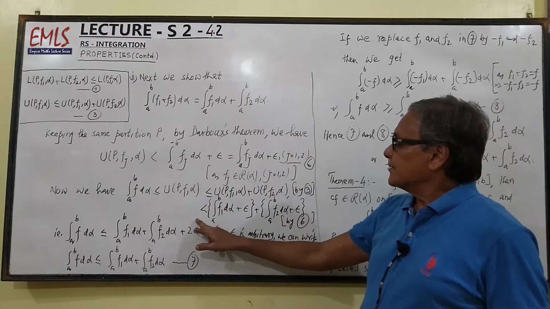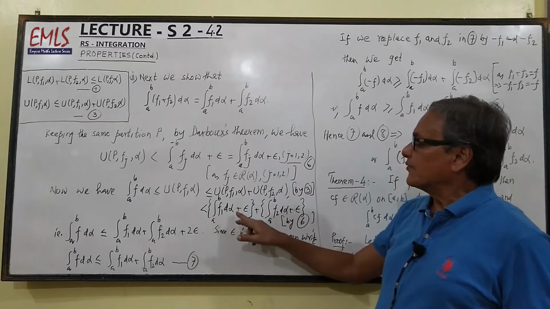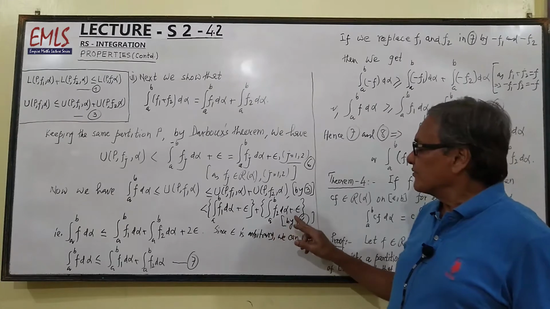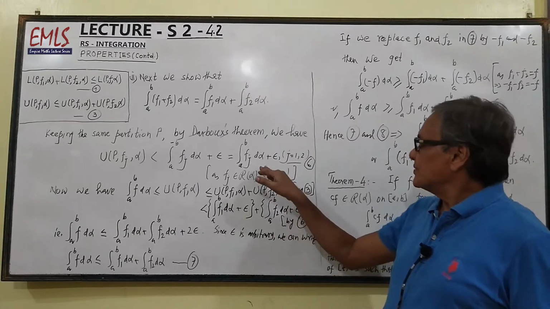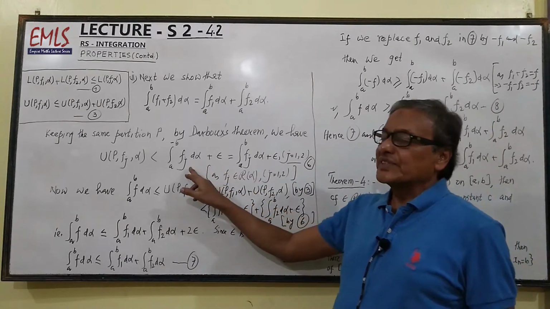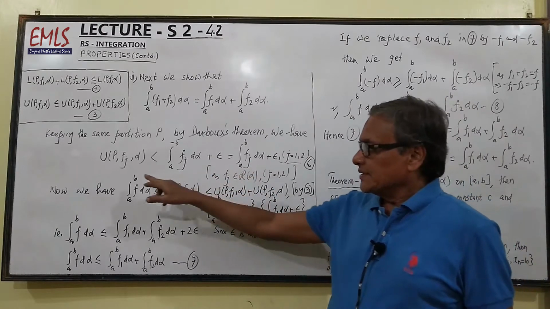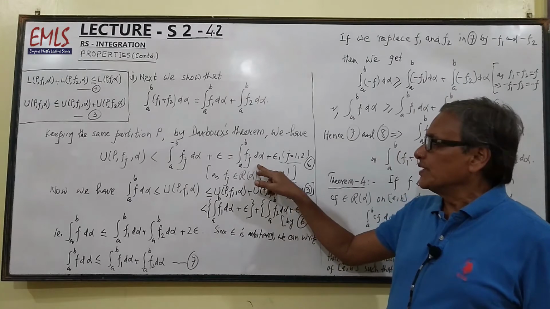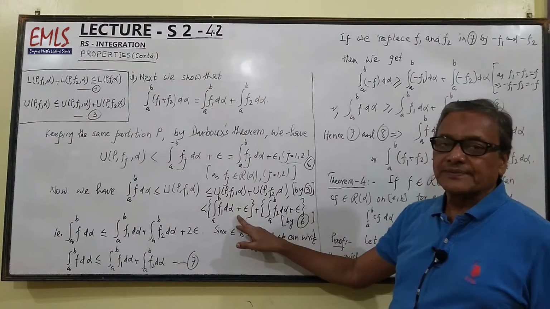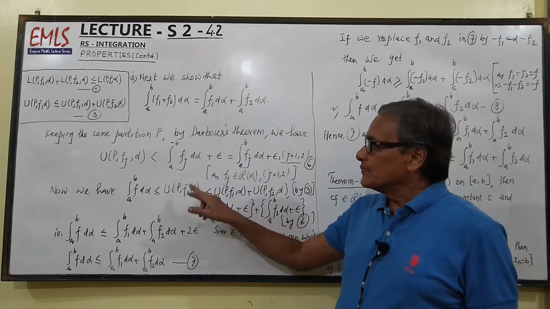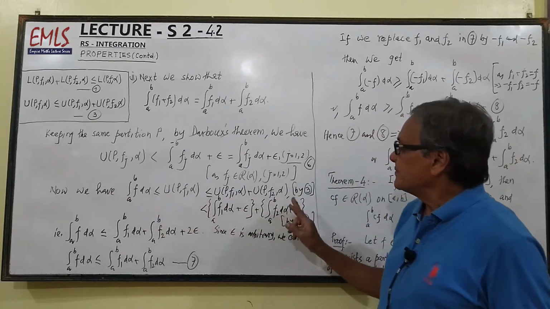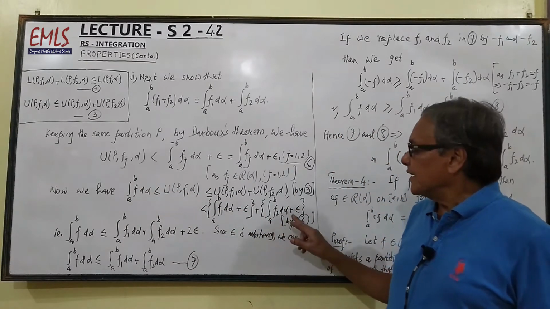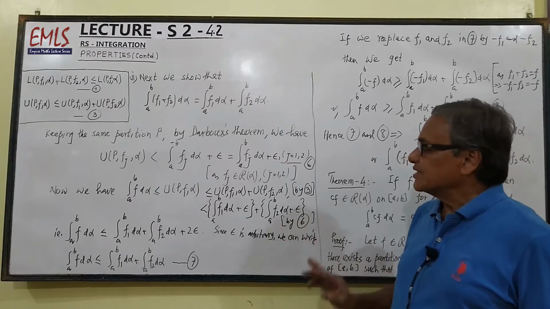And this will be less than the integral from a to b of f1 d alpha plus epsilon, plus the integral from a to b of f2 d alpha plus epsilon, from 6. If you put j equal to 1, U(P, f1, alpha) will be less than the integral from a to b of f1 d alpha plus epsilon. If you put j equal to 2, U(P, f2, alpha) will be less than the integral from a to b of f2 d alpha plus epsilon.